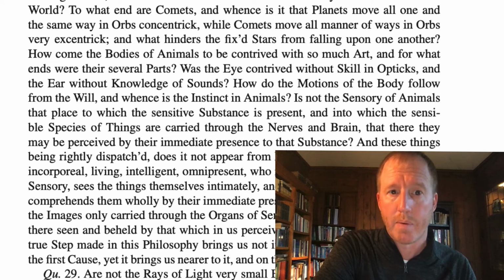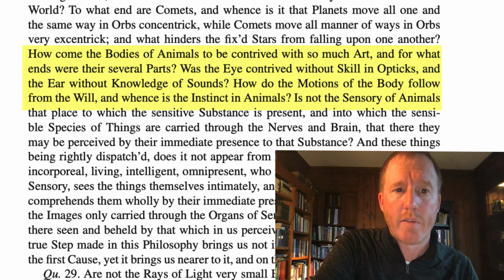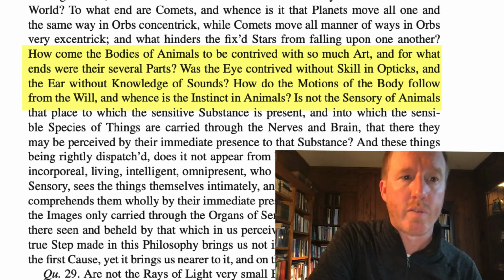What's holding them up? How come the bodies of animals to be contrived with so much art? And for what ends were there several parts? Animals seem to be designed, he says here, and they seem to be designed with a purpose. Was the eye contrived without skill in optics, and the ear without knowledge of sounds? How do the motions of the body follow from the will?